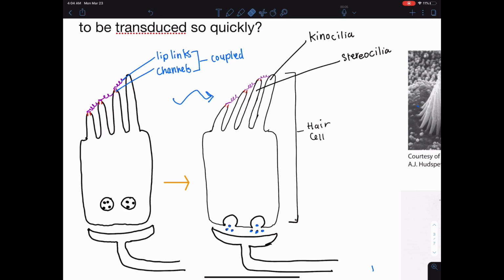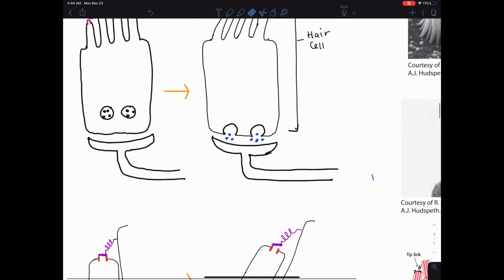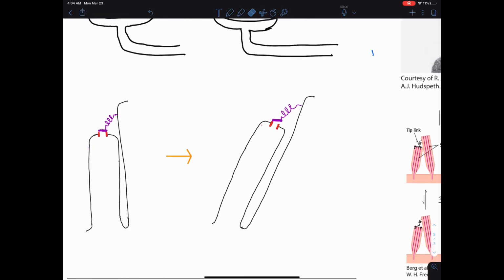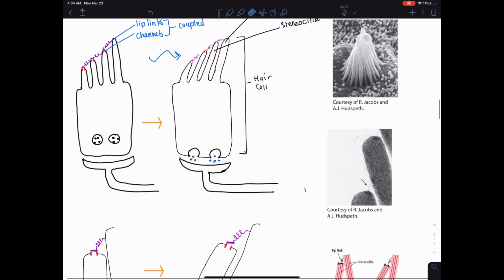So they go towards their higher end, and when they do that, what happens is depolarization.